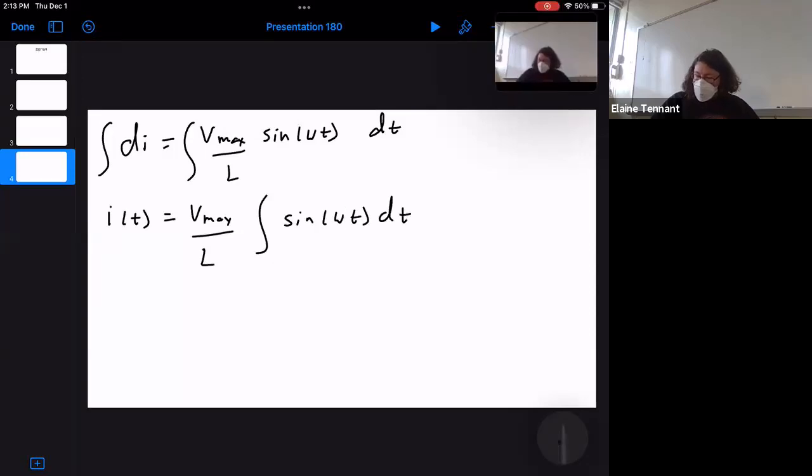I did do this last time, where we're going to do our u substitution, where u will equal omega t. So du equals omega dt, or even better, dt equals du over omega.